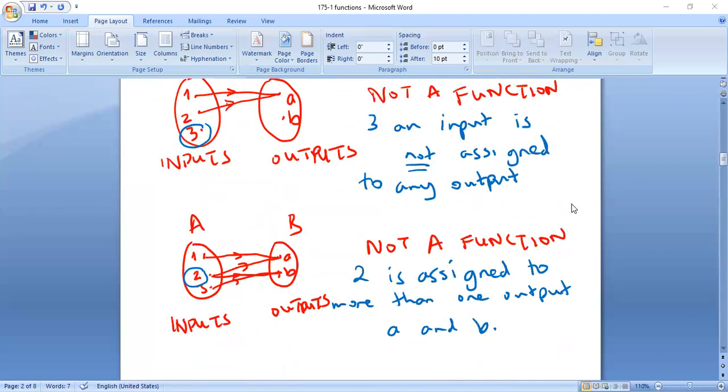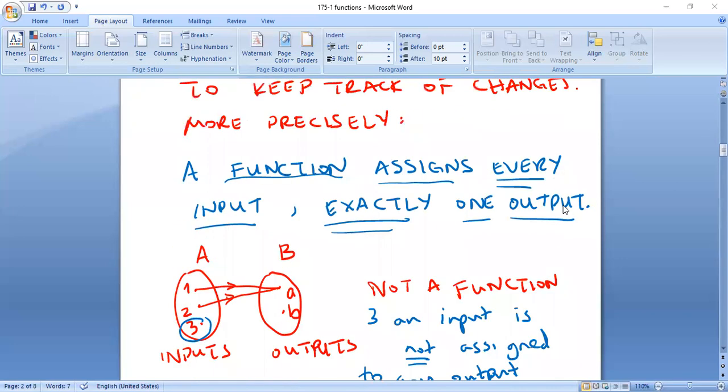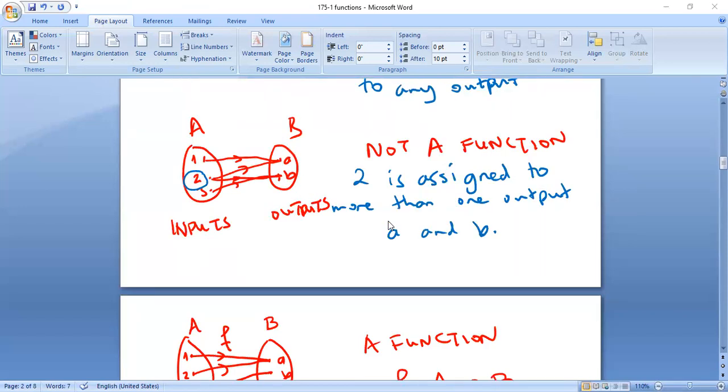In the second example, for all of the elements in the set A, 1, 2, 3, there are some assignments, like 1 is assigned to A, 3 is assigned to B, but however, 2 is assigned to both A and B. But this is again violating our definition for the function, which means every input must be assigned exactly to one output. So this is violating that second part of the definition of a function. So this is not a function either.